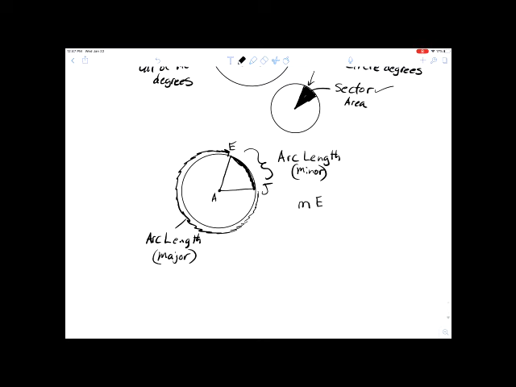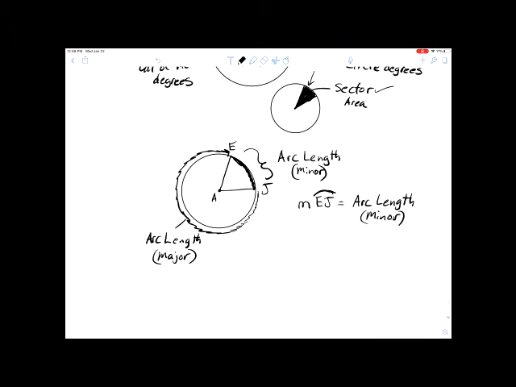And so this is what you would say. The measure of EJ has an M in front of it with an EJ next to it with an arc above the two letters. And this is the measure of the arc length, which is going to be equal to arc length, the minor version.